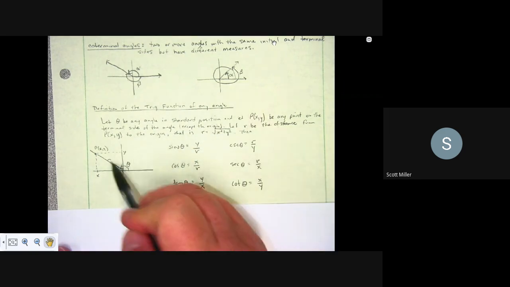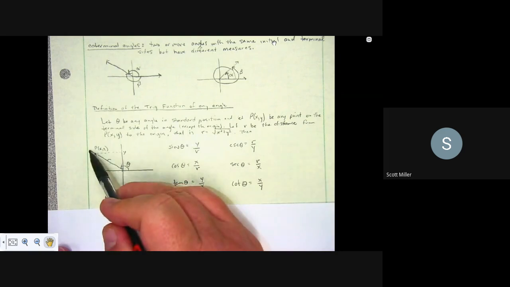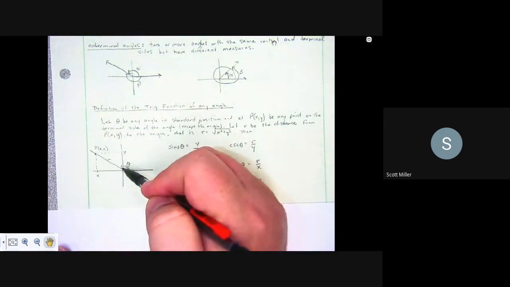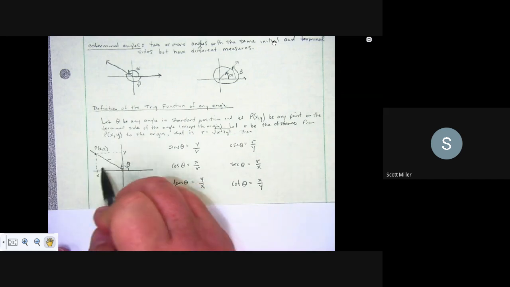The hypotenuse is r, and the angle theta is right here. If you look at this triangle, you will see we can use our right triangle concept, because this is a right angle, to help us determine these values.